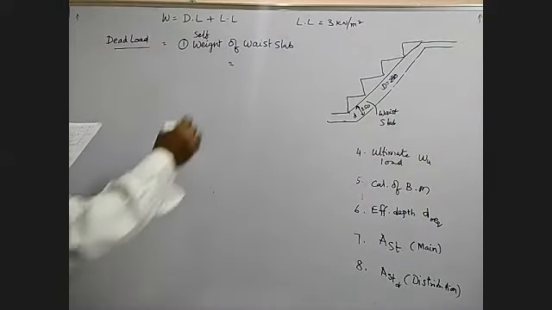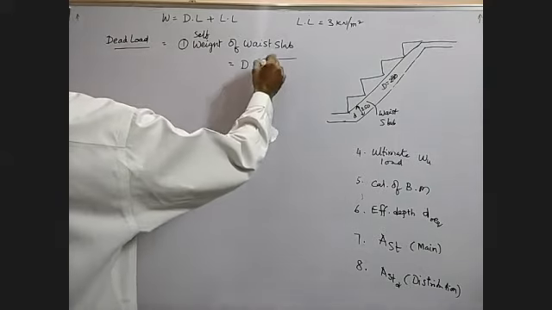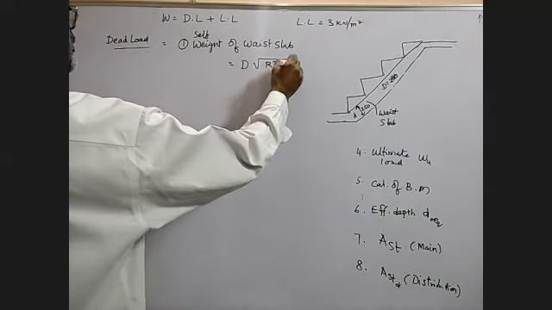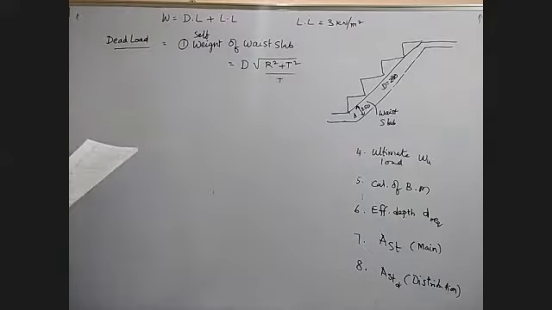Now self weight of slab is equal to D into square root of R square plus T square by T. R means rise, T means tread.